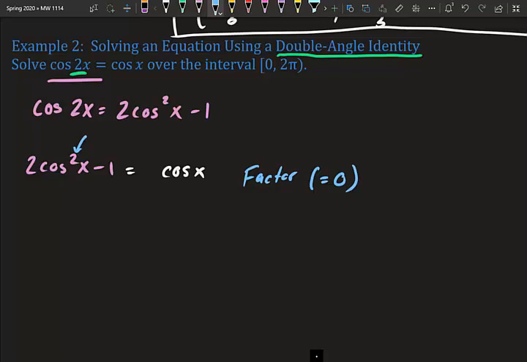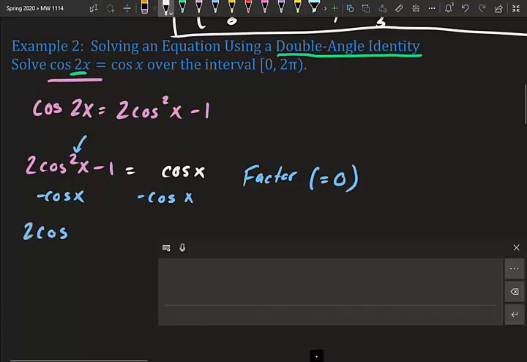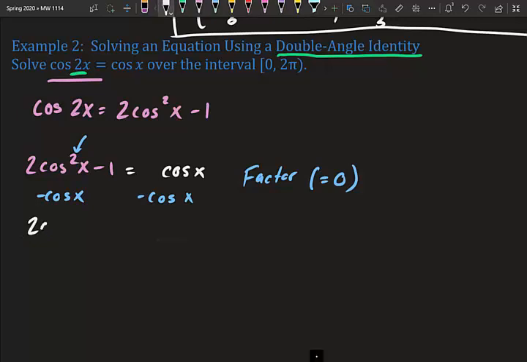So we're going to move this over. And when we do, we have 2 cosine squared x minus cosine x minus 1 equals 0. Now we're going to keep factoring.